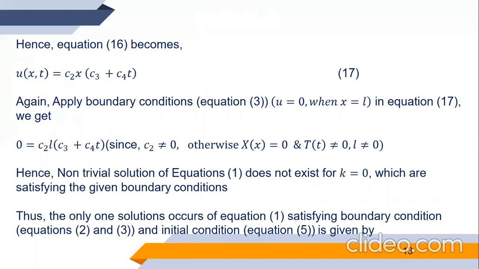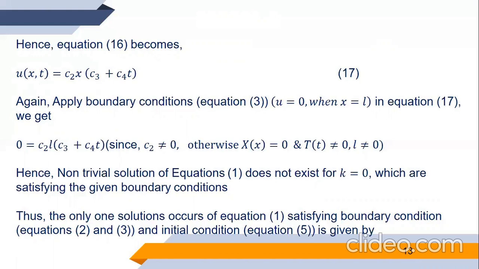Then 16 becomes u(x,t) is equal to C2 x, C3 plus C4 t, equation number 17. In equation 17, we apply boundary condition equation 3. When x is L, u is 0. So 0 is C2 L, C3 plus C4 t.